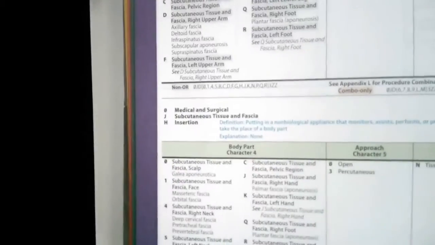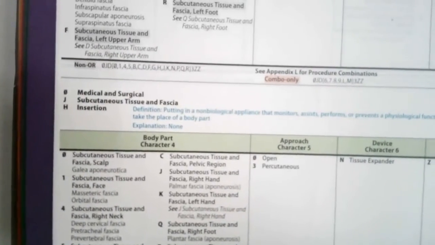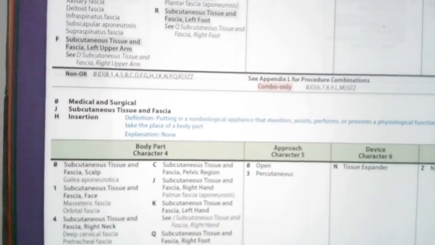All right, guys, so now that we know we are at, let's bring the camera back down to get it in focus. So we know that we are looking at table 0JH, right? So now we have to pick up our fourth character, which we already know is a 6.